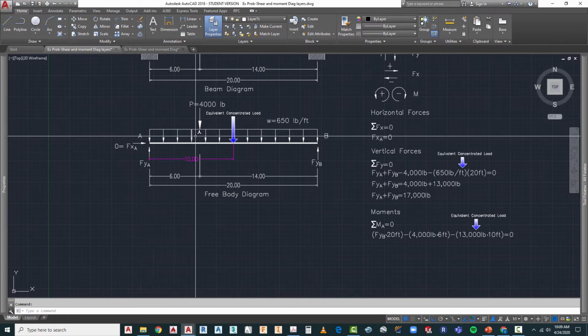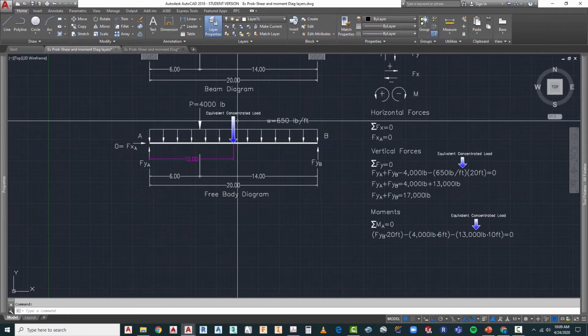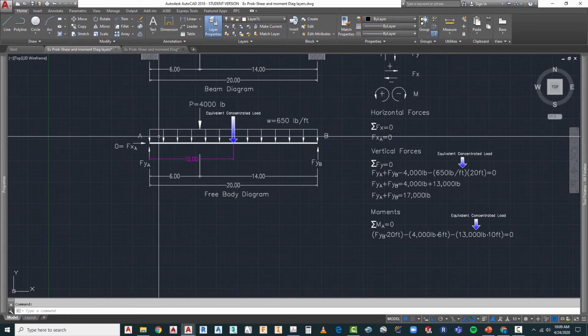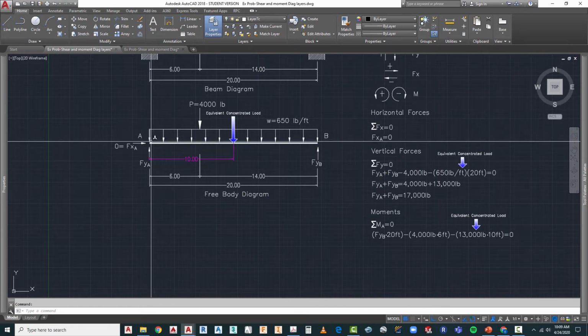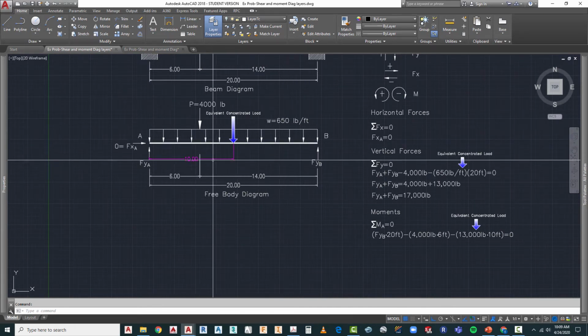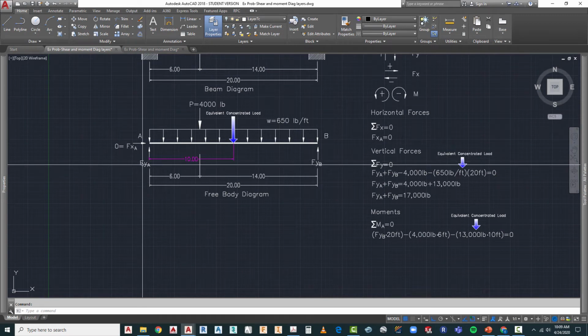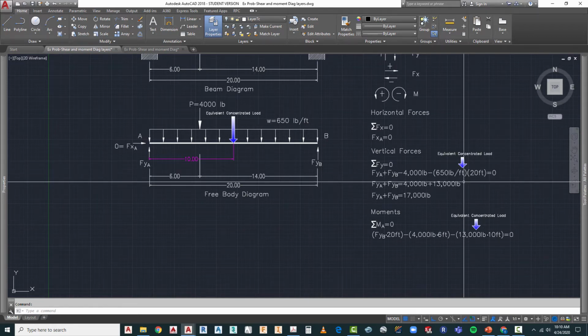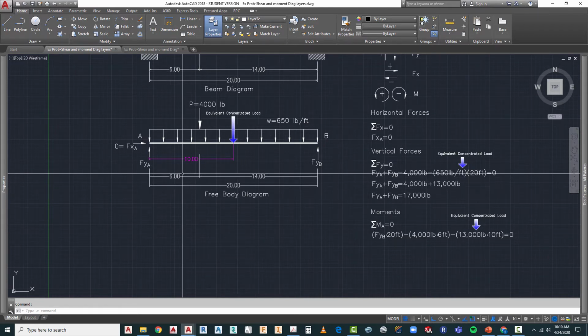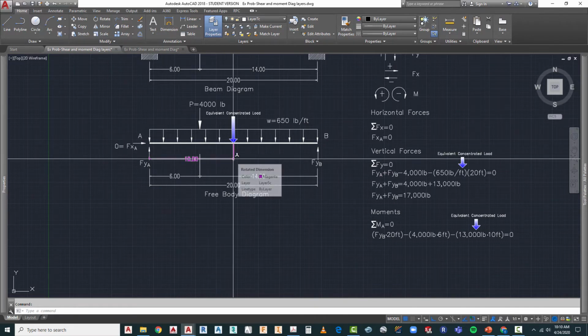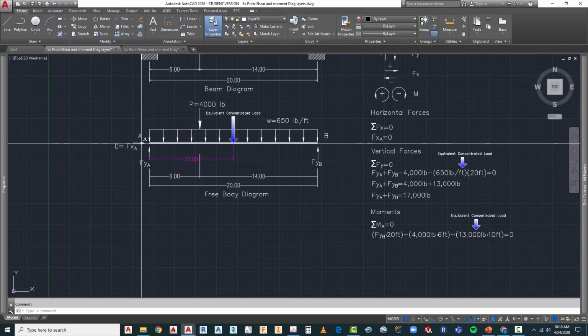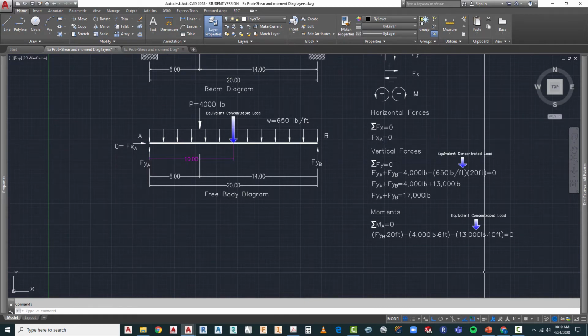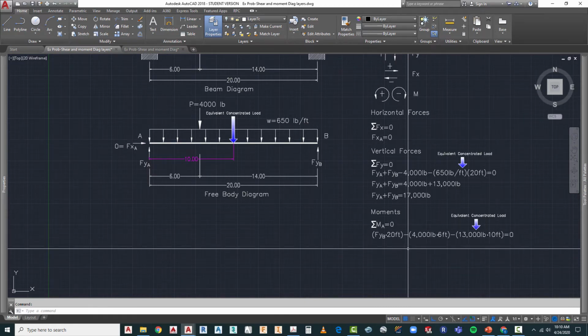When you have a uniform distributed load, that point will be at the center of that distributed load. In this case, the load is 20 feet across, so our location around point A is going to be 10 feet away. So we can take our 13,000 pounds, located now at the equivalent concentrated load, 10 feet from point A, where we are taking our summation of moments, and we can add it to our equation located right here.